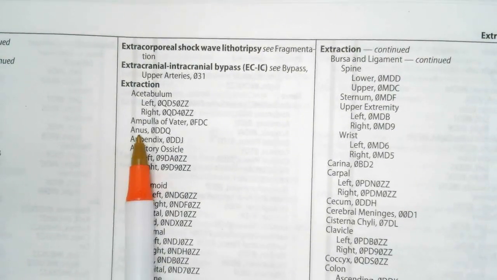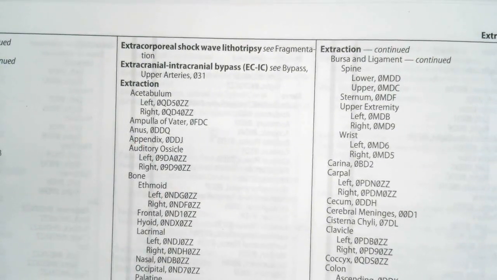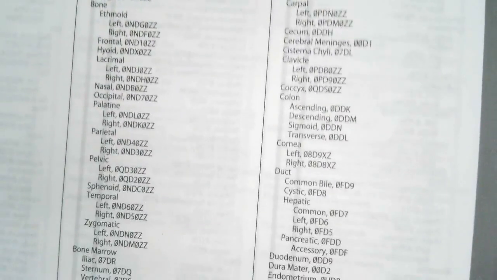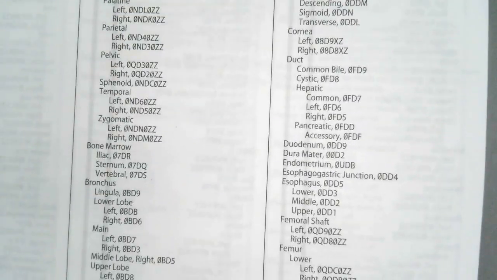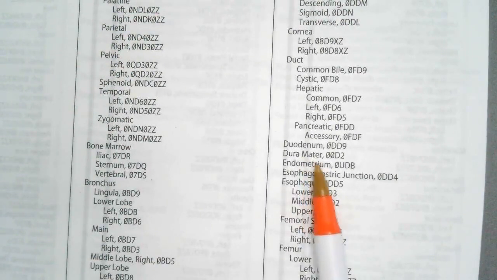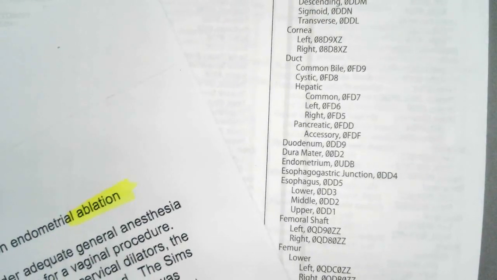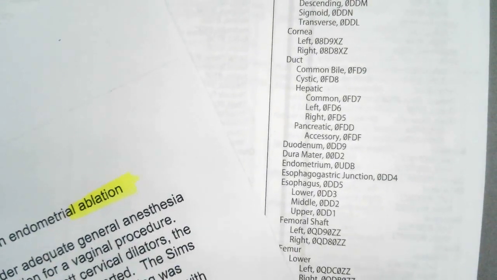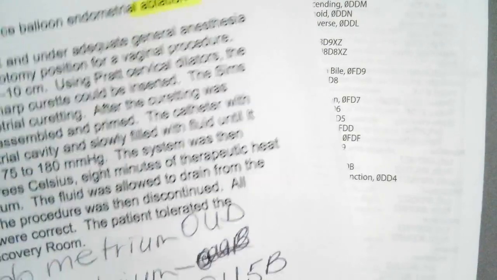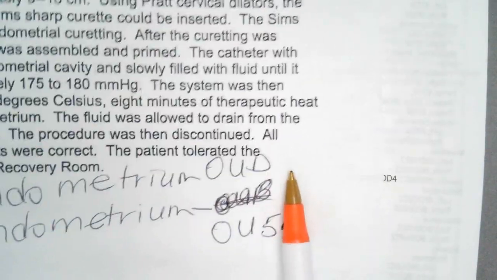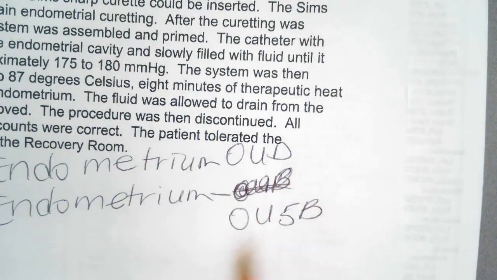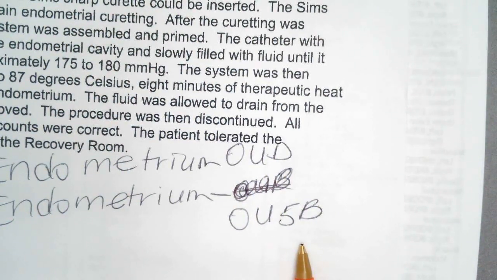Then I'm going to look up my second procedure, which is the extraction. Extraction is here. What body part? We wrote down earlier that the body part was the endometrium, which is 0UD. Now notice two distinct objectives. 0UD is the extraction. 0U5 is the destruction.